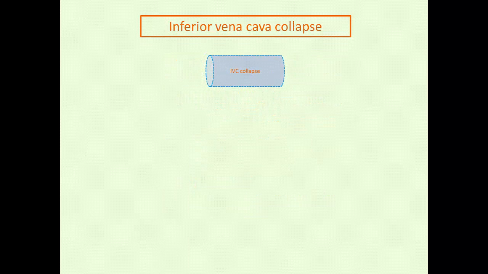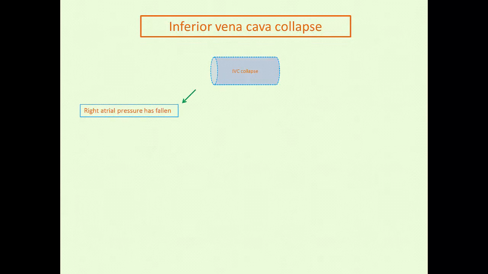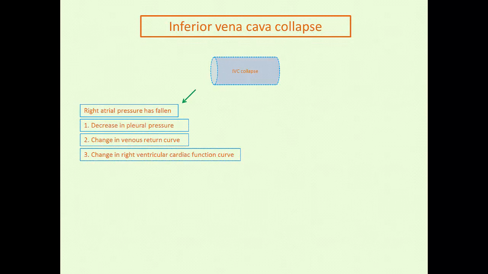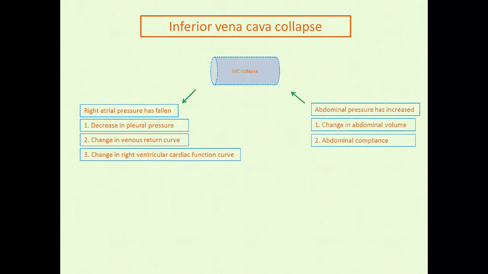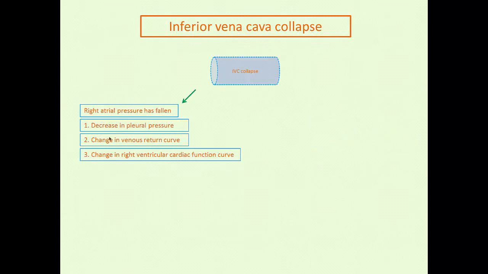So this is your collapsing IVC that you may see with your bedside ultrasound. Again, that tells you that right atrial pressure has fallen, which is really a function of three things: the decrease in pleural pressure, which is going to be dependent upon how actively the patient inspires; the change in the venous return curve that occurs with inspiration.